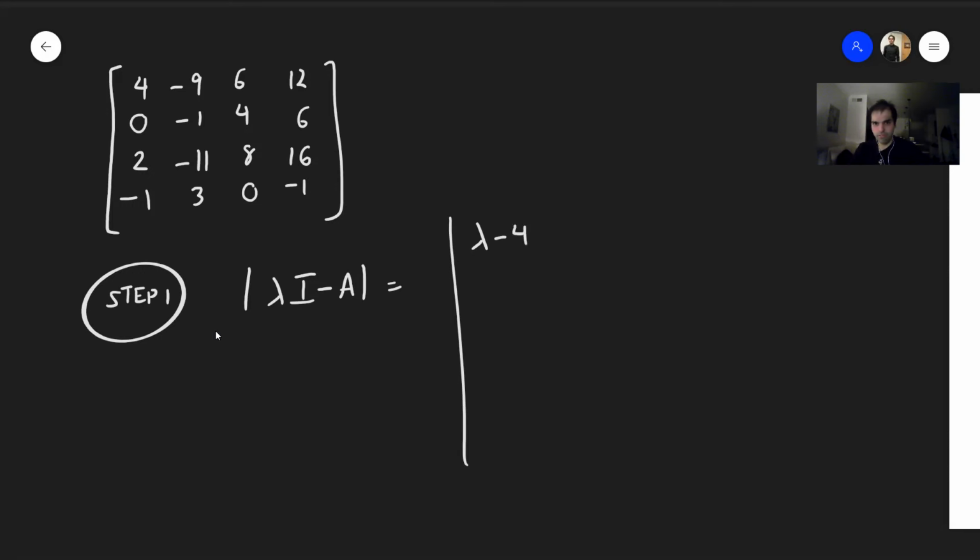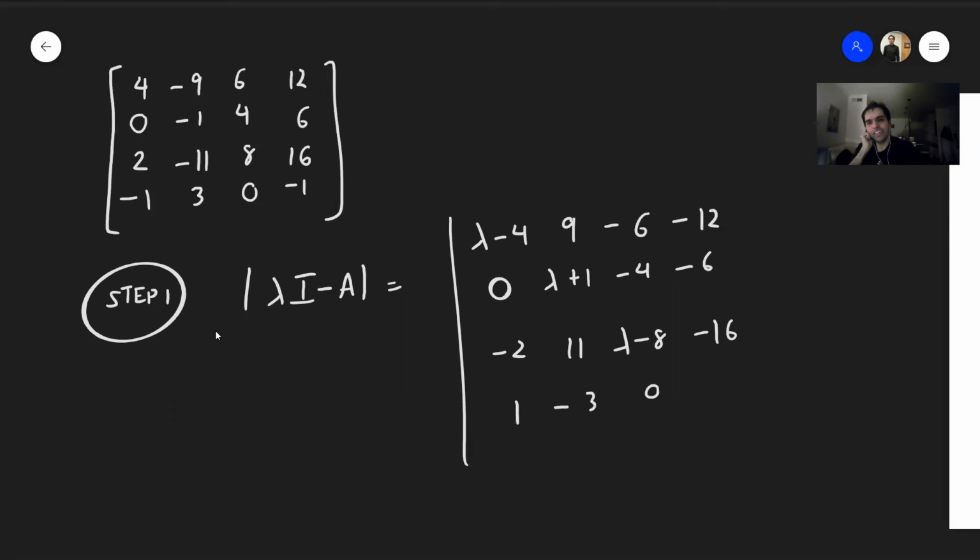So lambda minus 4, 9, -6, -12. Then 0, lambda plus 1, -4, -6. -2, 11, lambda minus 8, and -16. And lastly, 1, -3, 0, lambda plus 1.